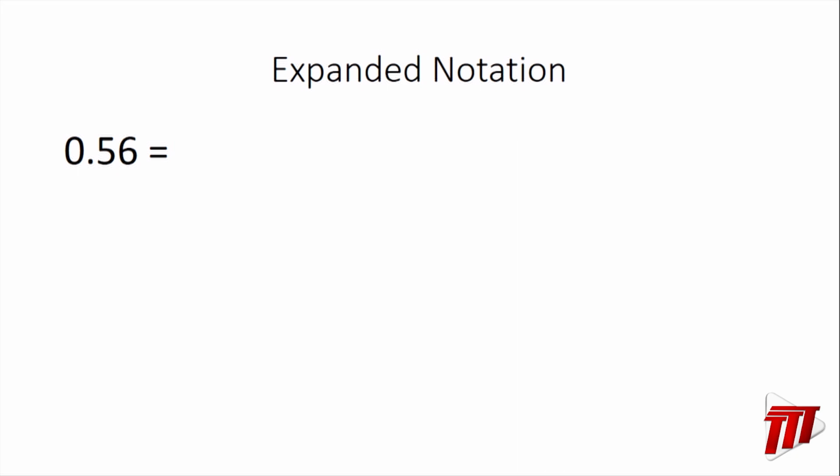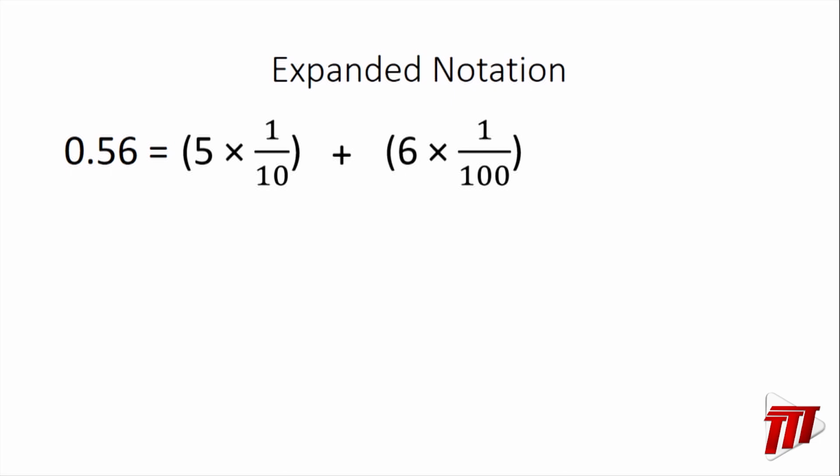So for 56 hundredths in expanded notation, what is the value of the 5? The value of the 5 is 5 by 1/10. What is the value of the digit 6? The digit 6 has a value of 6 multiplied by 1/100.